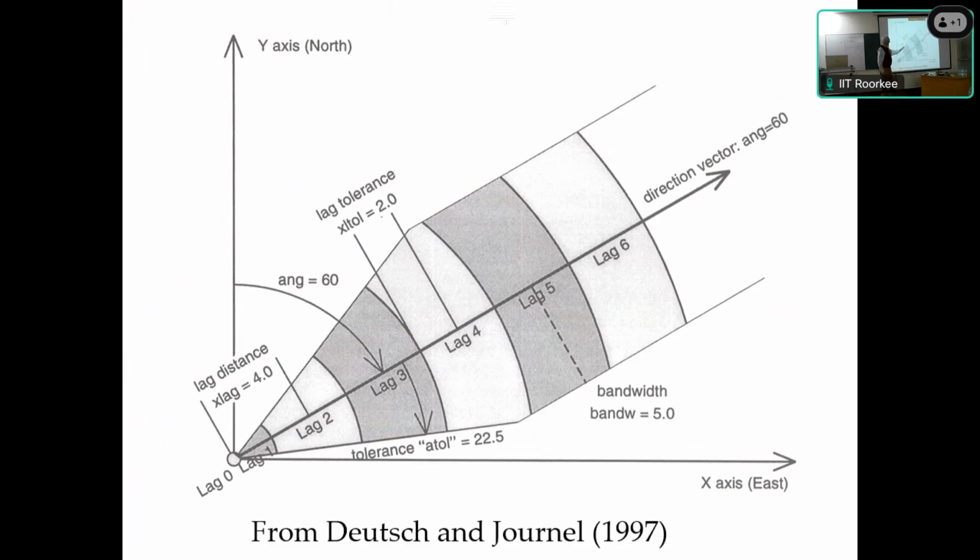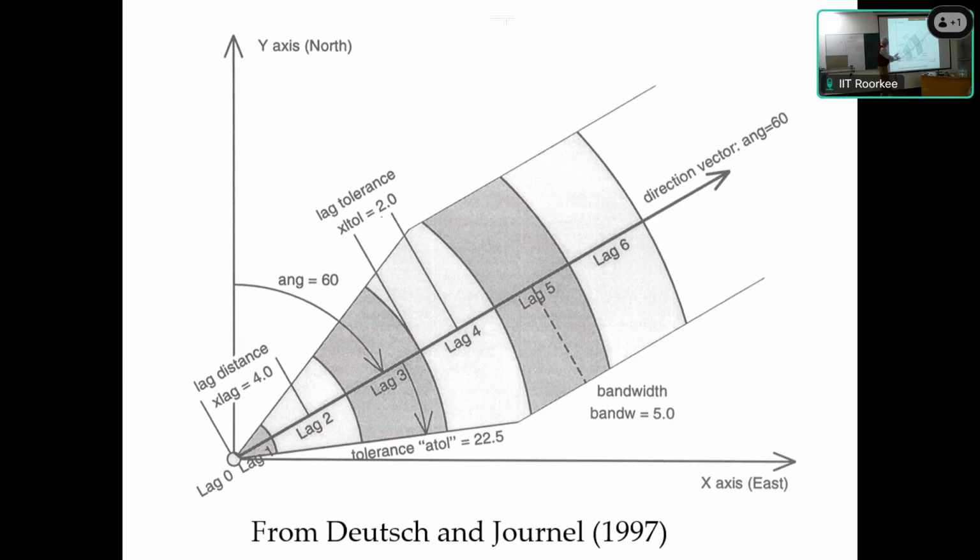We can predetermine the angle in what direction it goes. Then we have a lag distance class. Let's say the lag distance class is 4 units, but we can also have a lag tolerance of 2. So it's 4 units, but we allow a certain tolerance in that direction.